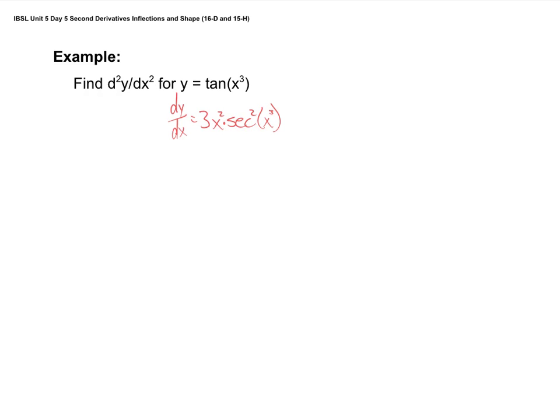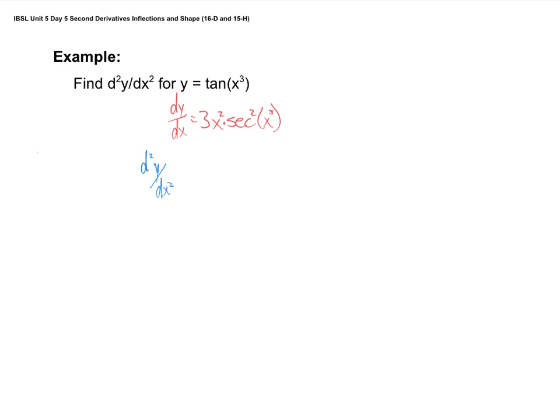If I want to take the derivative of that derivative, what am I going to have to do? The product rule. Okay? I will say one of the most common things that students forget is to actually use those rules on the second derivative.